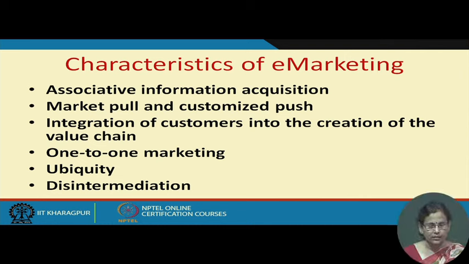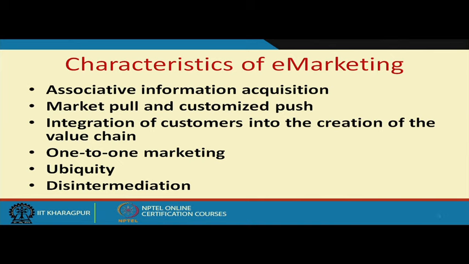So, this ubiquity has provided companies ample opportunity to contact their prospective customers and turn them into real customers. Then, as we know, the internet has reduced intermediaries, and many times you are able to directly contact your customers. Your B2C and C2C models are there, in which you can directly contact your customers.